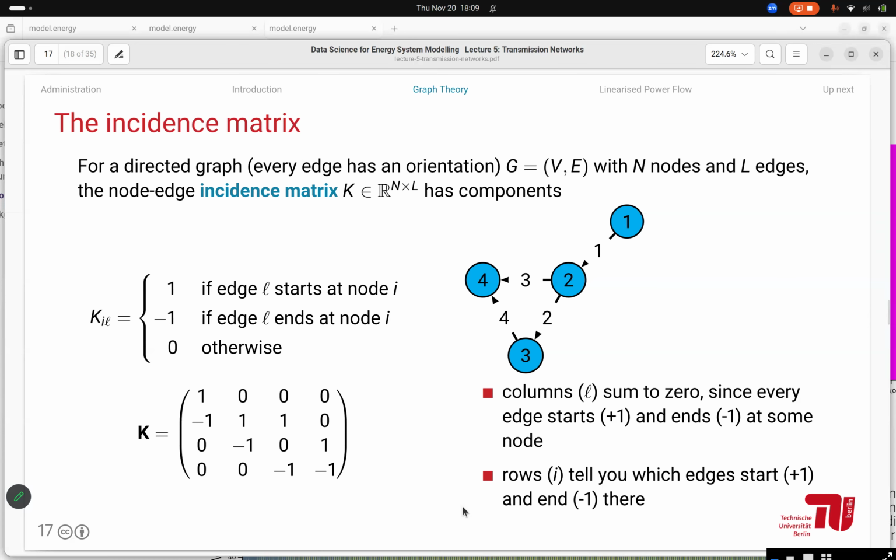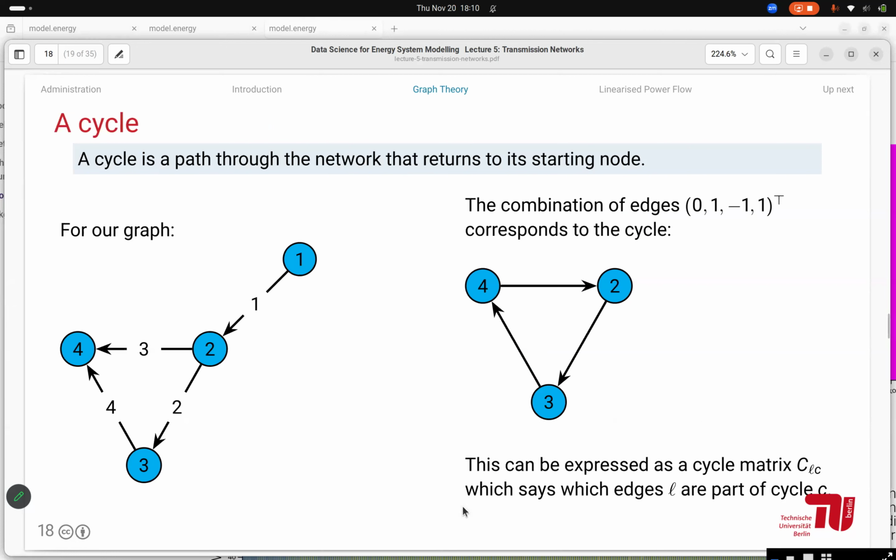So that we really build a connection of energy balances for each of the different nodes. One other definition that we're going to need in a moment is the concept of cycles in a graph. A cycle is basically what the name says, some path along edges that returns to the starting node. If you take this graph here, there's one cycle in this network.